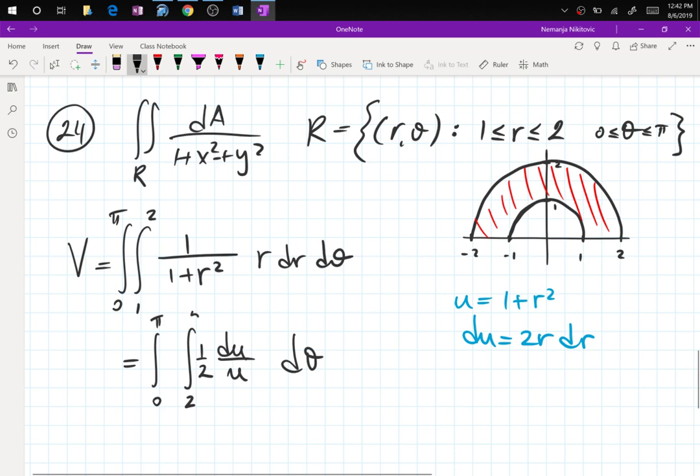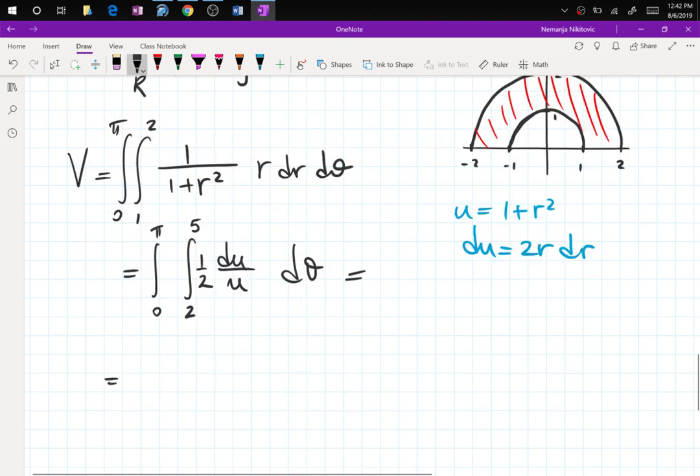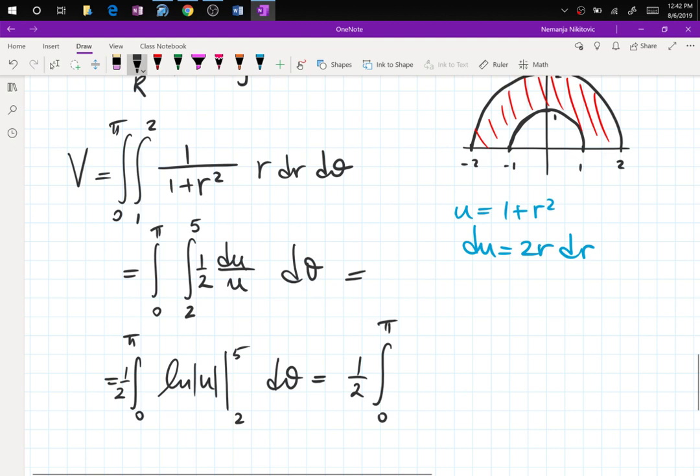So now I can just solve this integral as 0 to pi, and the 1/2 you can kick outside. We have ln u from 2 to 5, and we still have d theta to deal with. This is 1/2 integral 0 to pi of ln 5 minus ln 2 d theta.